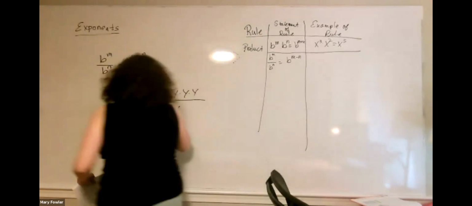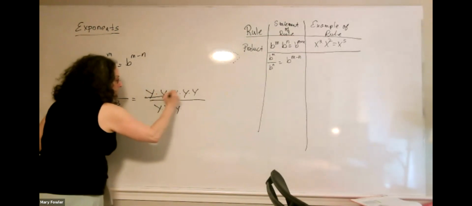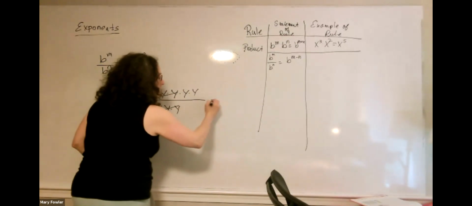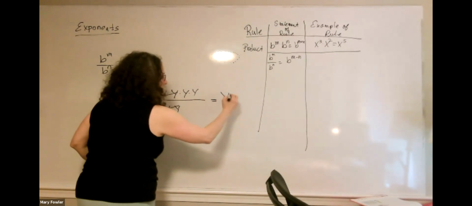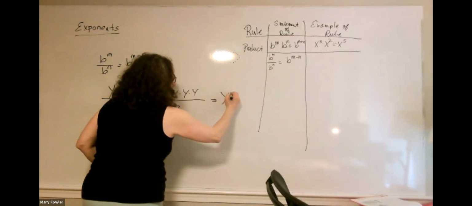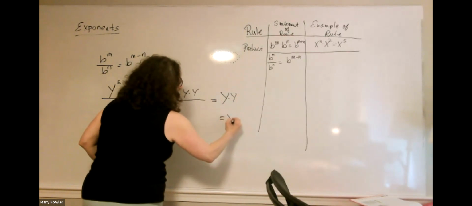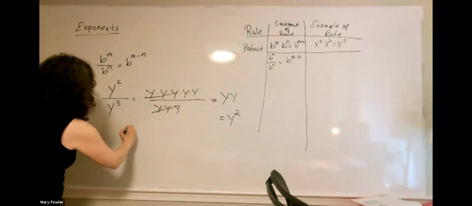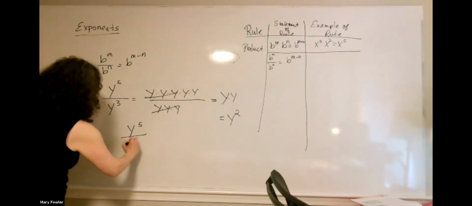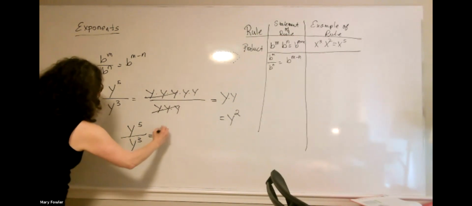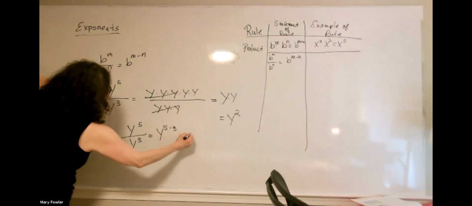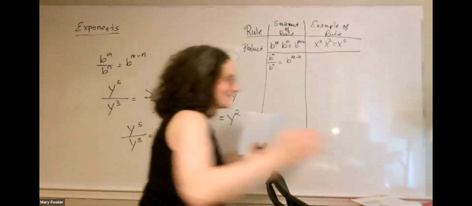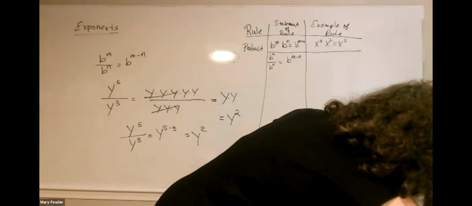There are 3 y's in each that are common and cancel, and we end up with y times y, also known as y squared. So that reminds us that y to the fifth over y cubed is y to the 5 minus 3, y squared. We're going to put that over on our little table there.